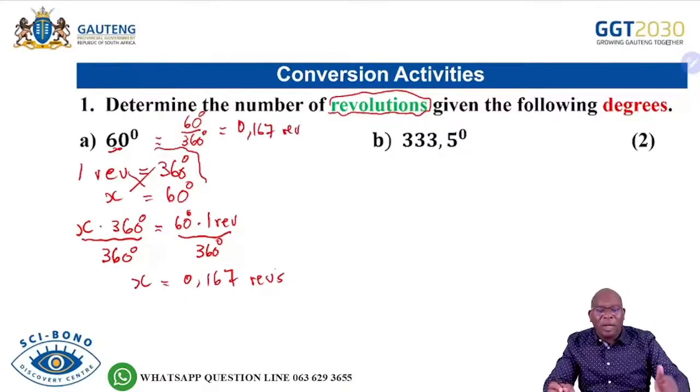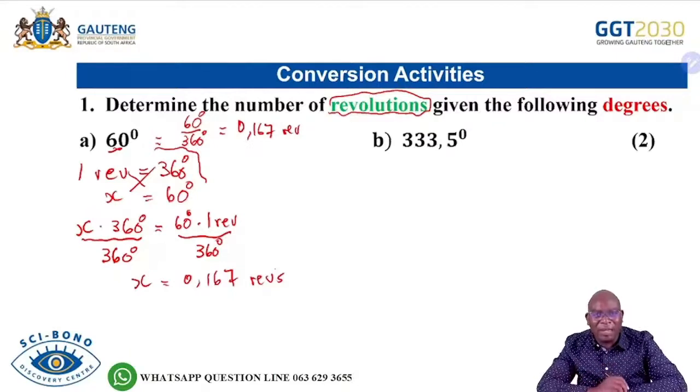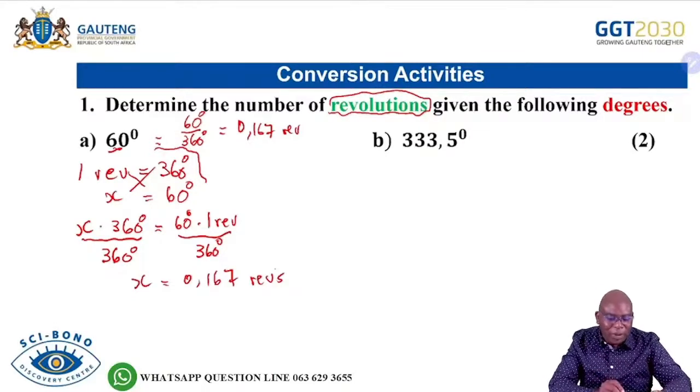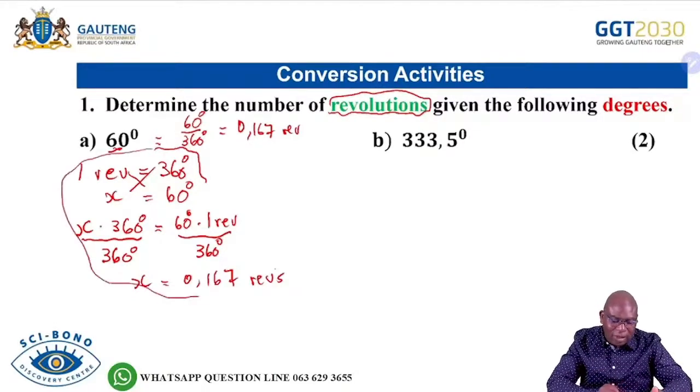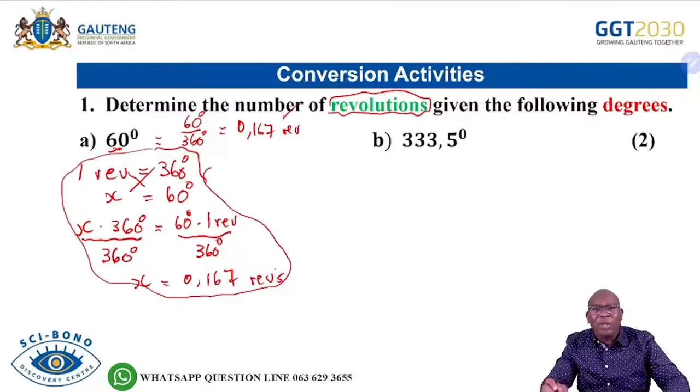So if I've got degrees and I want to change them to revolutions, I just divide that by 360 degrees. So rather than doing all this, you can just take degrees and simply divide by 360 degrees.